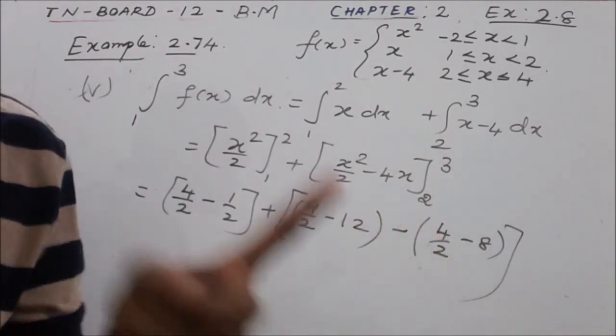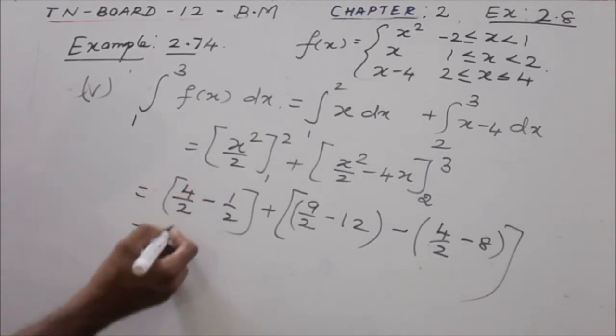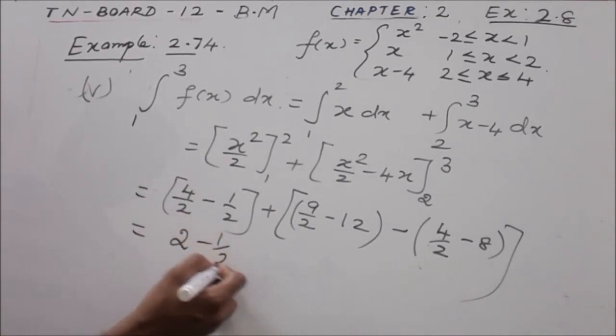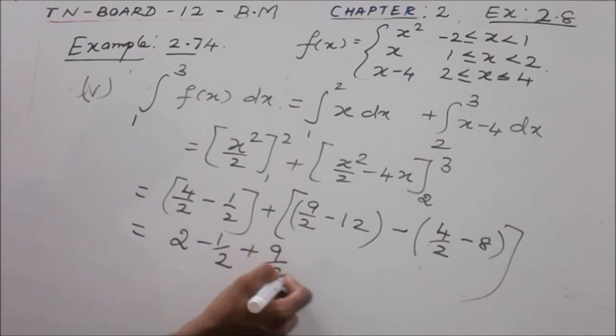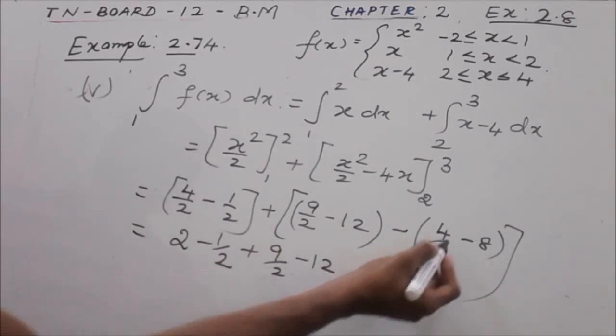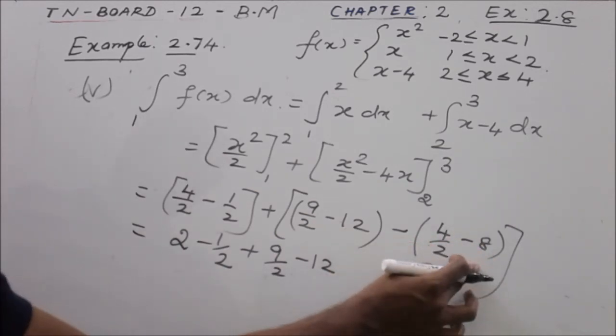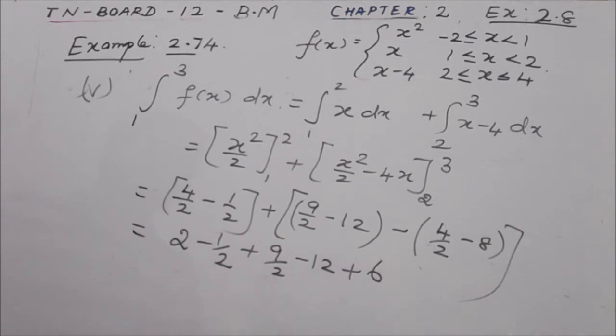This 4 by 2 is turned as 2, and then we have 4 by 2 2 minus 1 by 2 plus 9 by 2 minus 12. Bringing this minus inside, we have 2 minus 8. Here 2 minus 8, that is minus 6. It will become plus 6.